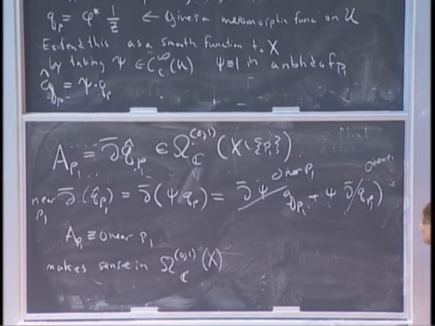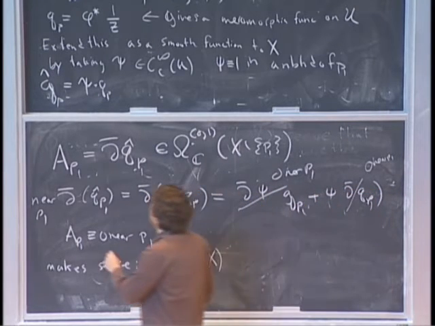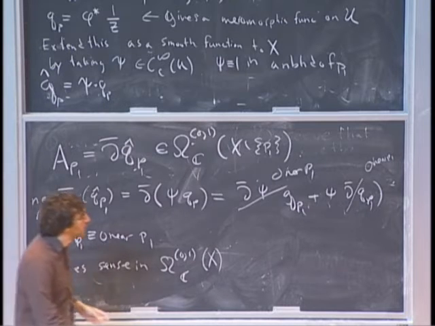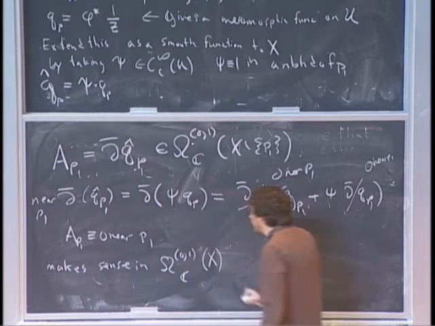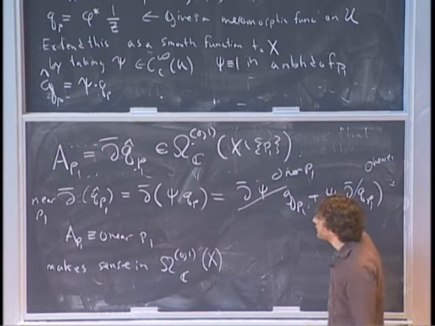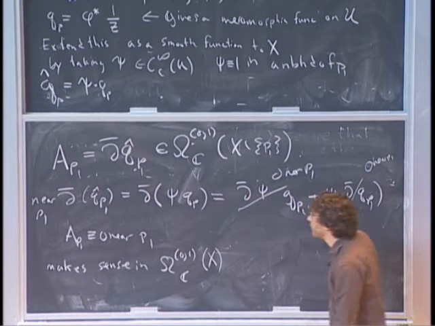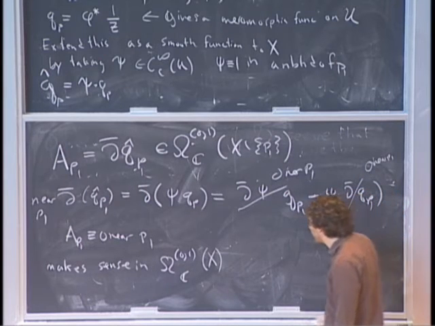And the point is, if Q hat was meromorphic, then that would mean that A was 0. But of course, we don't expect that to be the case in general. What we could try to do is at least modify it as much as possible to be meromorphic, to see what goes wrong.